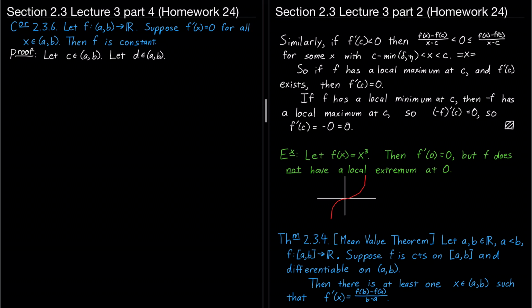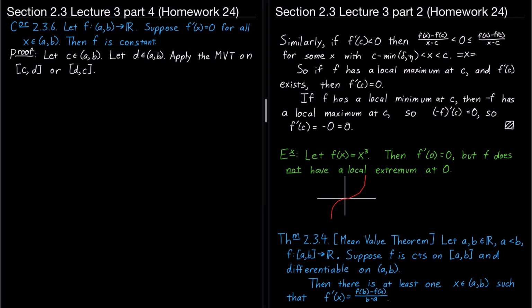And then you apply the mean value theorem on the closed interval from c to d or d to c, depending on which of them is bigger. Our function f is differentiable everywhere between c and d, and differentiable implies continuous, so it's continuous on c to d.